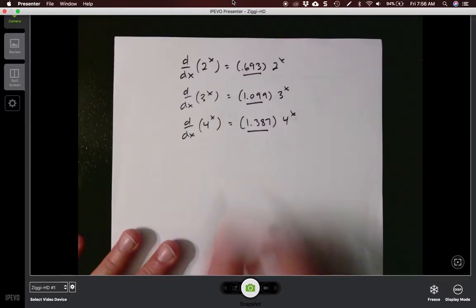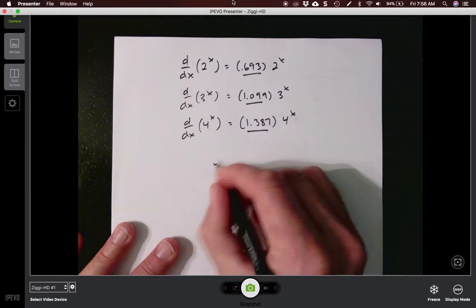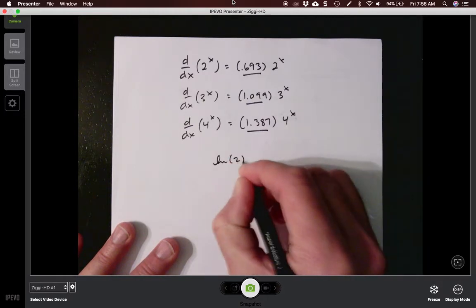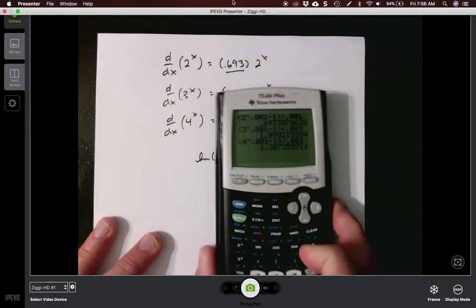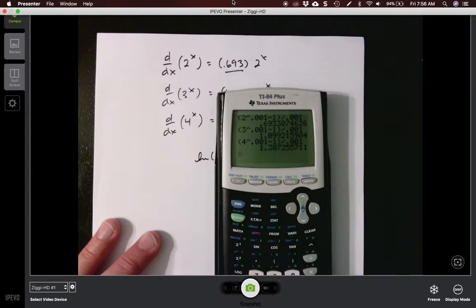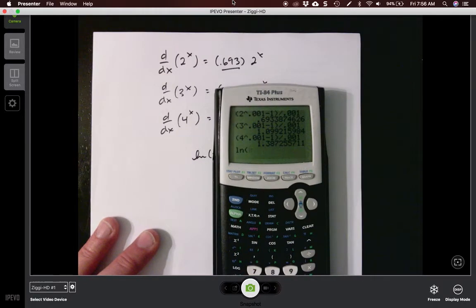All right, and I'm going to tell you just from inspection that if you take the natural log of 2, and there's no reason why you would ever think this, the natural log of 2 is 0.693.